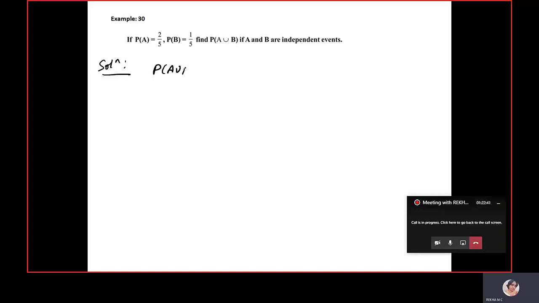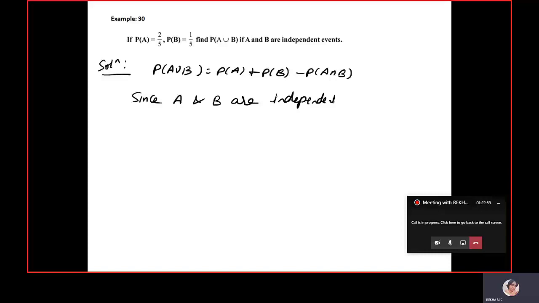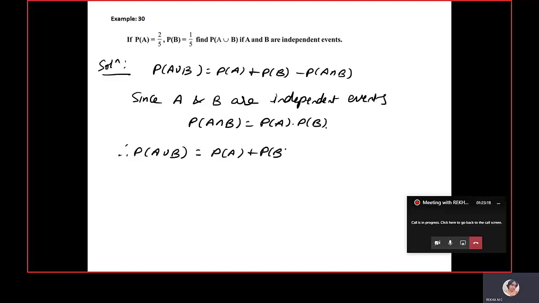P of A union B is given as P of A plus P of B minus P of A intersection B. So since A and B are independent events, P of A intersection B is equal to P of A into P of B. So therefore, P of A union B is equal to P of A plus P of B minus P of A into P of B.